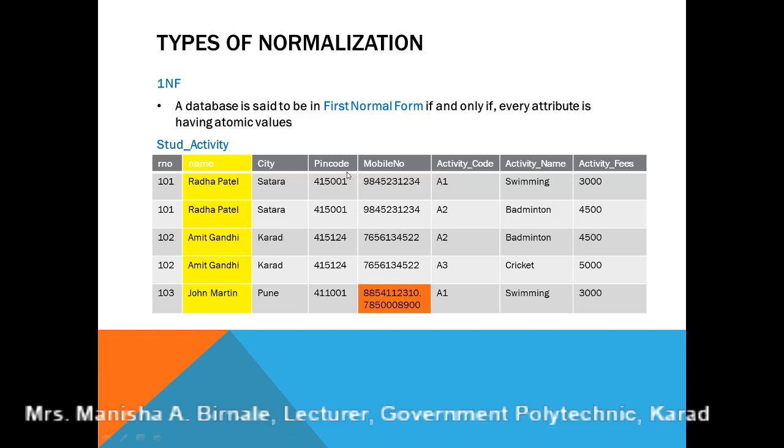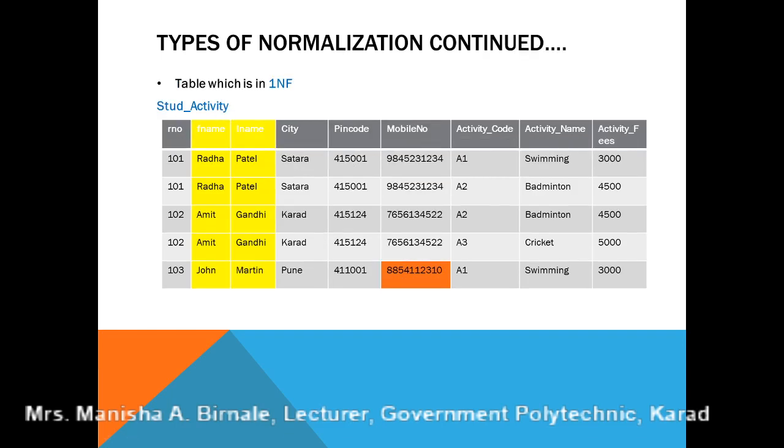To normalize it, we follow the steps. First we check if it is in first normal form. But as composite and multi-valued attributes are present in this table, this database is not in first normal form. So we have to bring it into first normal form.